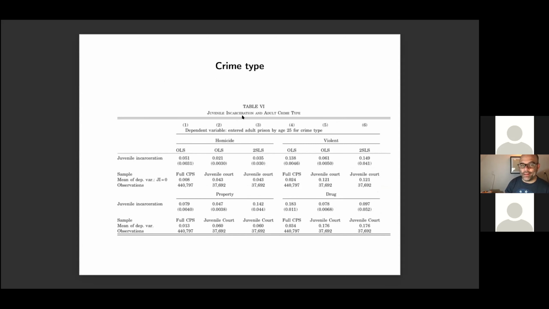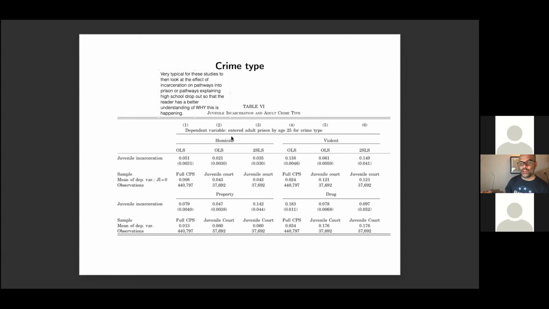Now we're going to look at heterogeneity analysis. It's very typical for these studies to then look at the effect of incarceration on pathways into prison or pathways explaining high school dropout, so that the reader has a better understanding of why this is happening.